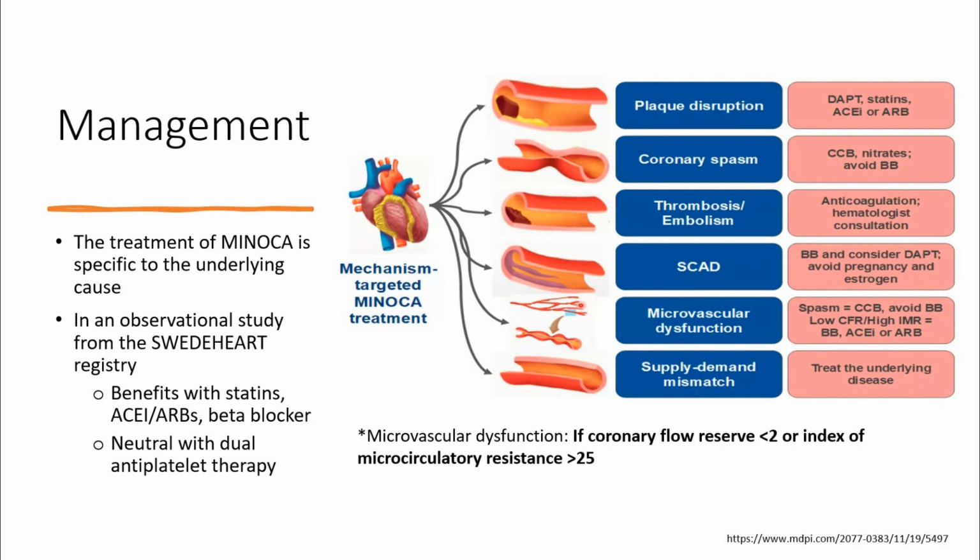If there's supply-demand mismatch, such as a type 2, then we would treat the underlying disease. So CFR here stands for coronary flow reserve, and IMR here stands for index of microcirculatory resistance.